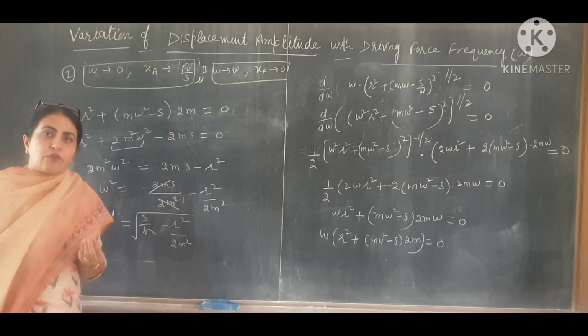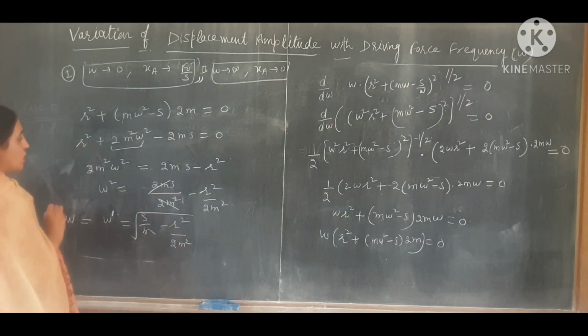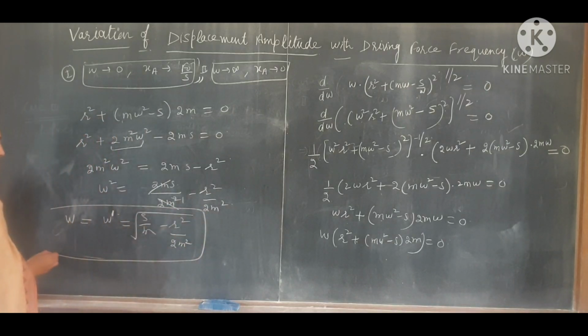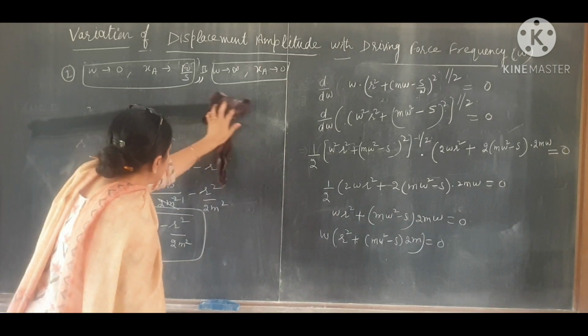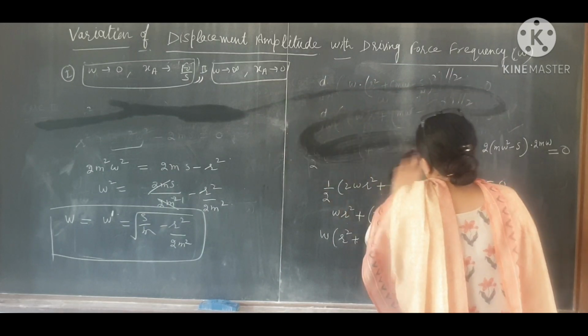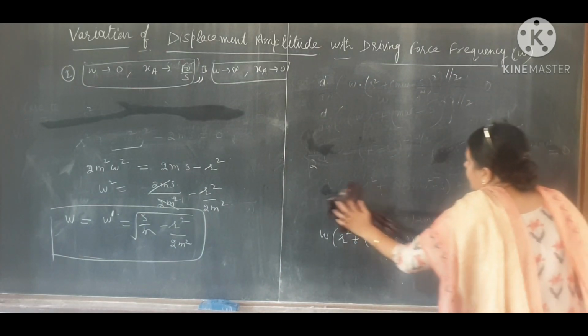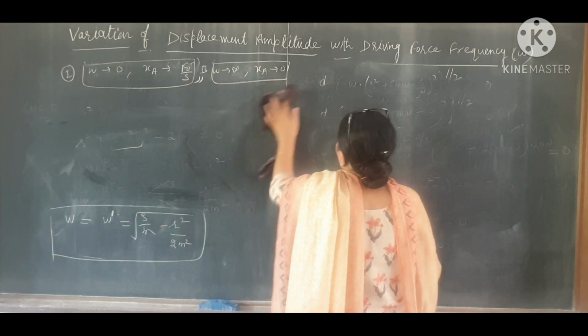This is the value of frequency where the displacement amplitude is maximum. Now we have to find the value of displacement amplitude at this frequency. For this, we put this frequency in the expression for displacement amplitude.